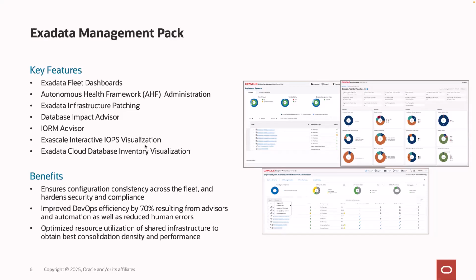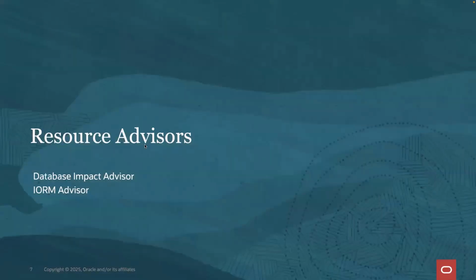We improve DevOps because we can do the patching more efficiently, and we can do AHF management up to 70% more efficiently with automation, with better results. We have the optimization of resources, and of course, that's a topic by itself. So let's briefly go through the resource advisors that we have available.